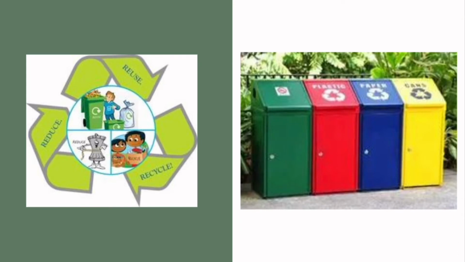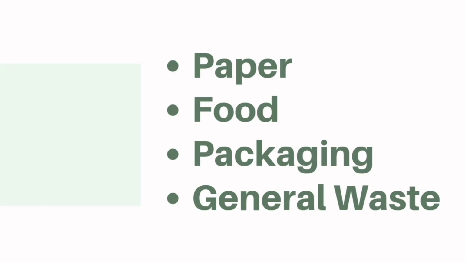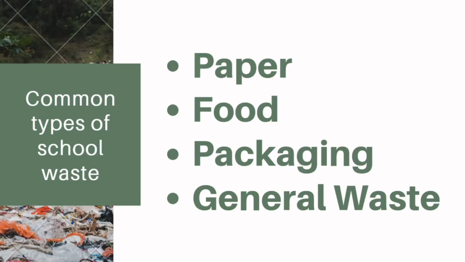Same as what we do at home, segregation and application of 3 R's should be done as well at school. All we have to do is to identify the common types of waste that the school produce and how to promote proper waste management. Here are some of the common types of school waste.